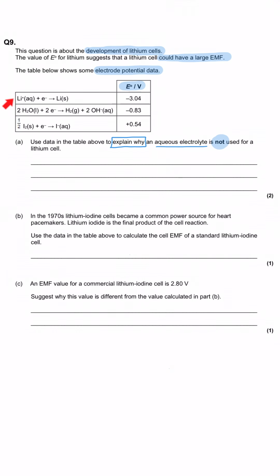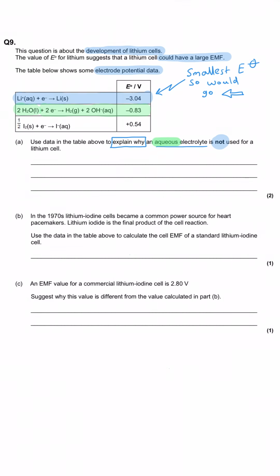Well, the top half equation will be the equation that has to be present for a lithium cell, and you can see here that we've got water, which is the component that makes something aqueous. If we look at these half equations, the electrode potential for lithium is very, very small. That makes sense because lithium ions are very poor at taking electrons. They're far better as lithium atoms at donating electrons.